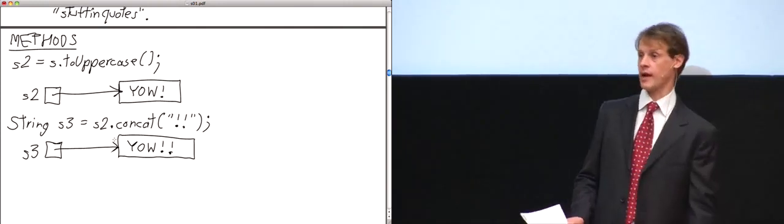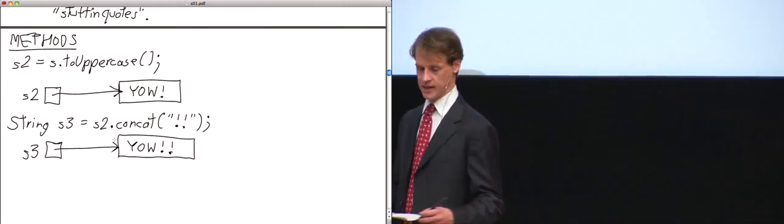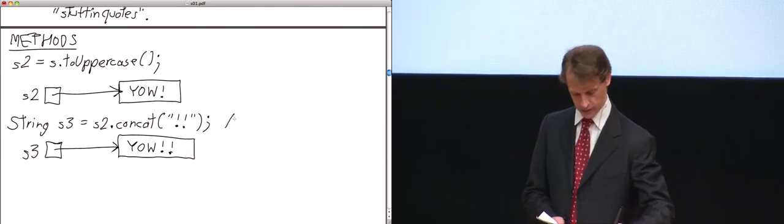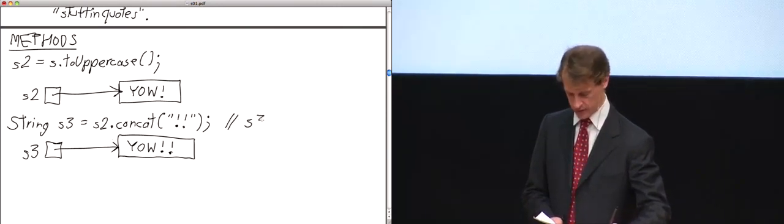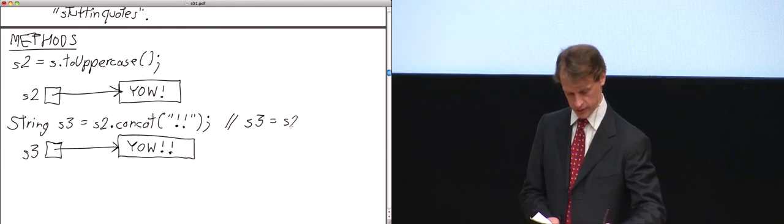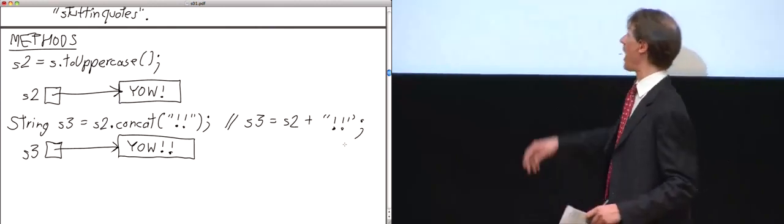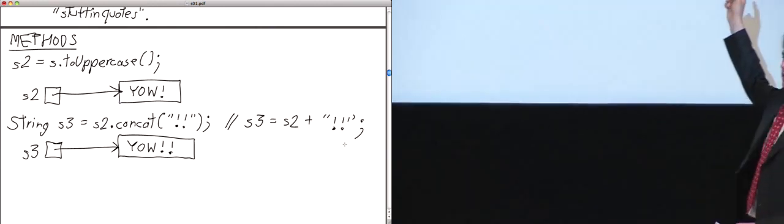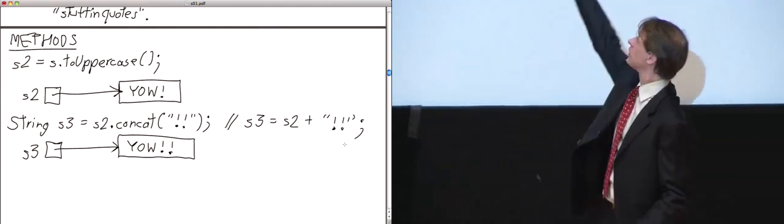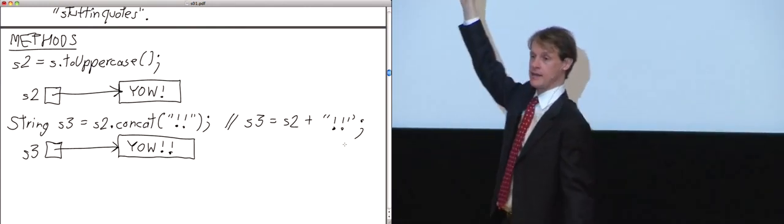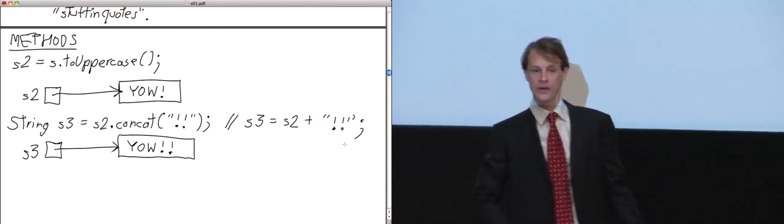Concatenation has a shorthand. Because it gets used so often in Java, concatenating strings together, Java will allow you to just write s3 equals s2 plus. So essentially, if you say in Java, I want to add two strings together, Java will convert that into a statement like this that calls the concat method for you so that you don't have to.